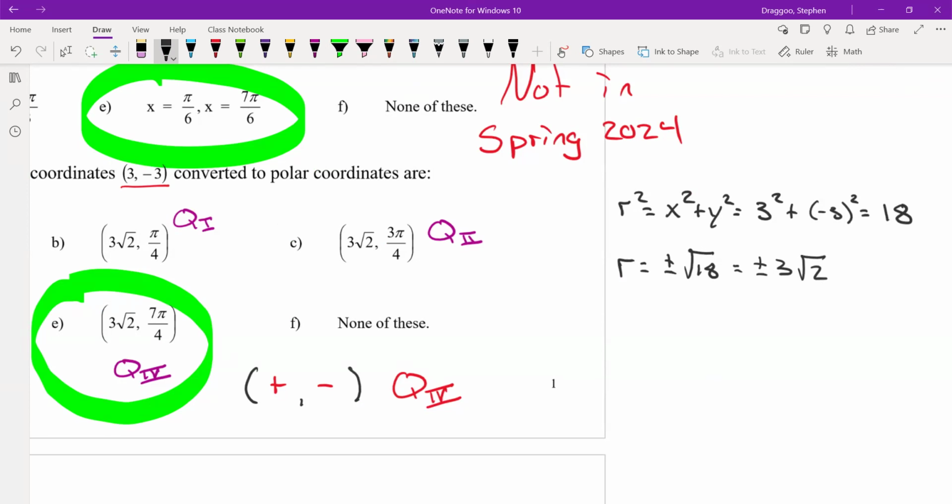I'll also go to the equation tangent theta equals y over x, which is -3/3, which simplifies to -1.